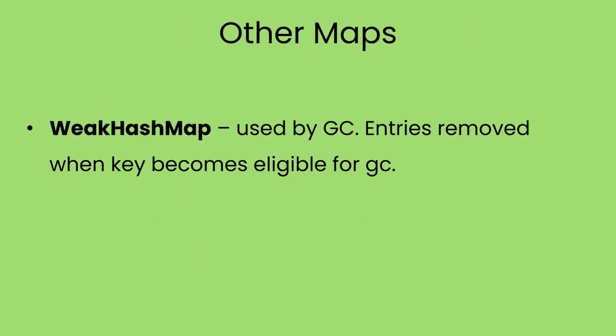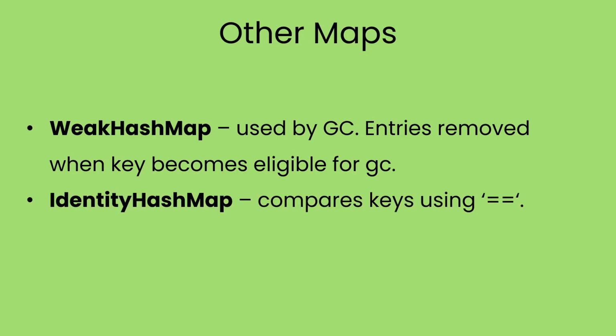Also, we have other map implementations, such as WeakHashMap, which is used mainly by the garbage collector in order to keep track of object references. And also we have IdentityHashMap, which is comparing keys using the equals operator. So why is it useful?